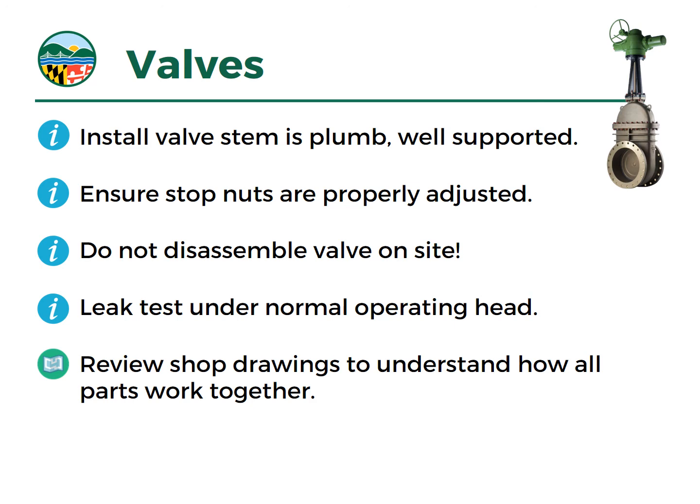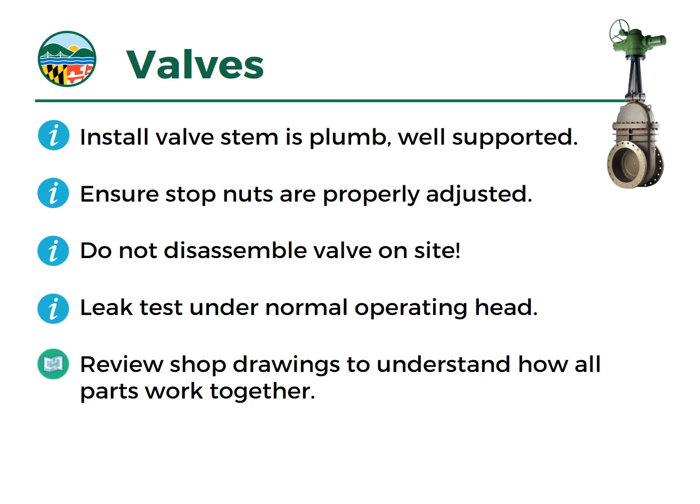Now, it's important for both the contractor and the inspector to understand the shop drawings. They can be intricate for these valves, with lots of little pieces that can go into them. Maybe it's a rubber gasket or a wedge or something like that. In the same case in Western Maryland where the stop nut wasn't adjusted properly, there was also a thin neoprene gasket that was supposed to have been installed, and for whatever reason, there was a shop drawing revision.